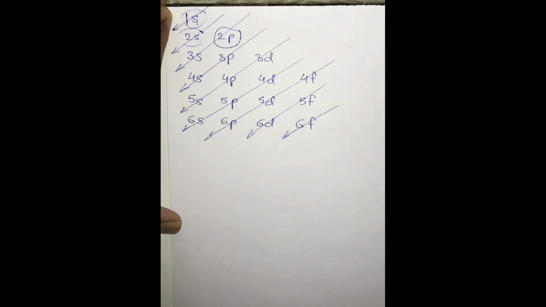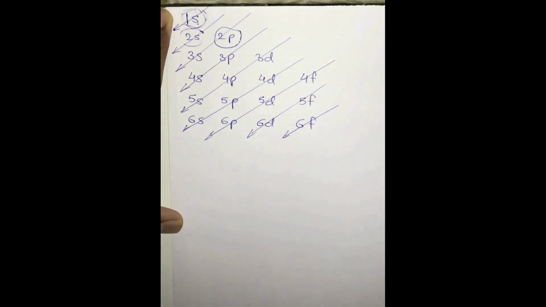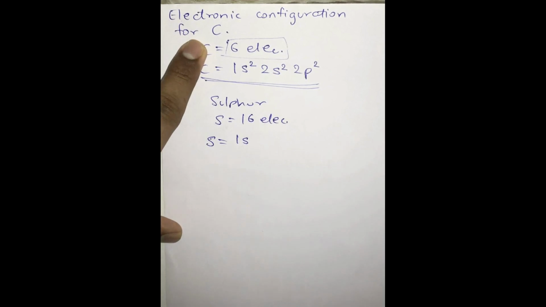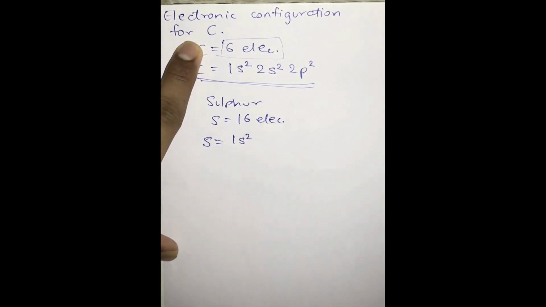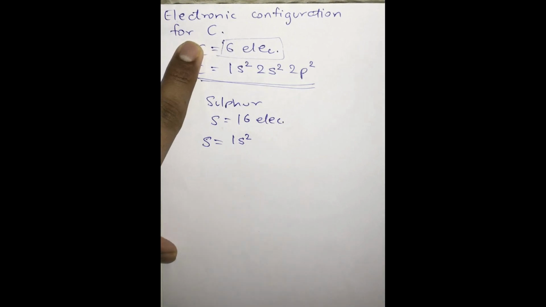First we will consider the least energy subshell, that is nothing but your 1s. So you will obviously write 1s, and since the s subshell contains a maximum of 2 electrons, you have to write 2 over here. So out of those 16 electrons, 2 are taken by 1s. Now still there are 14 electrons remaining.